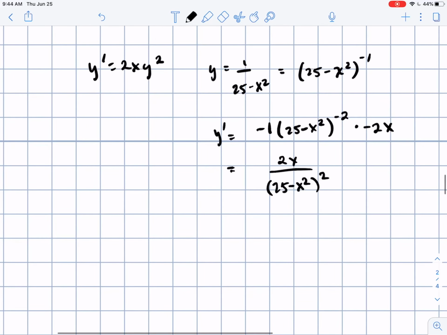So then, here we know y prime we found, so this was the left side.